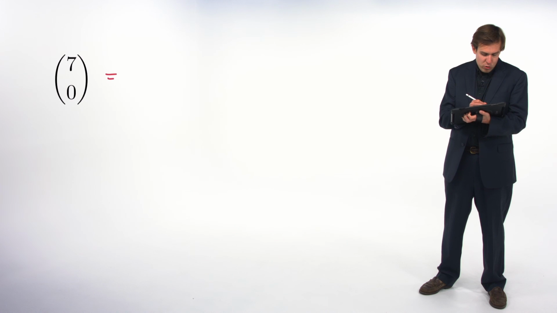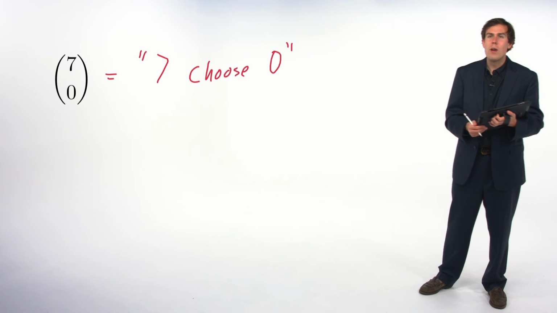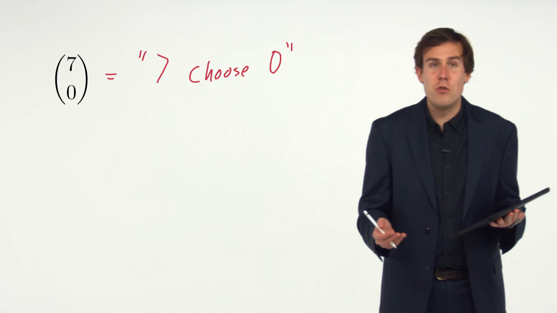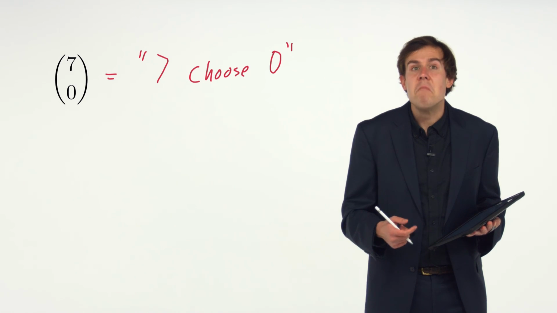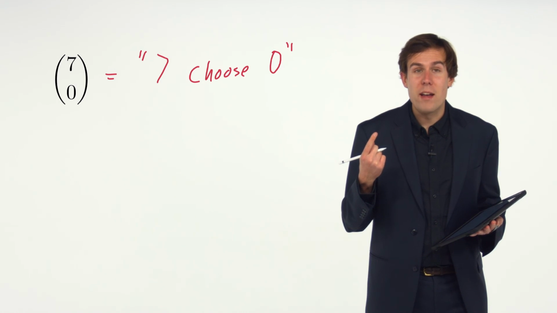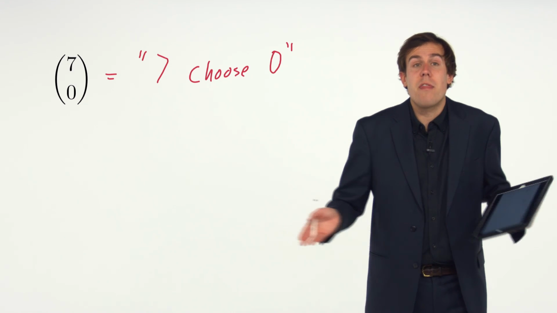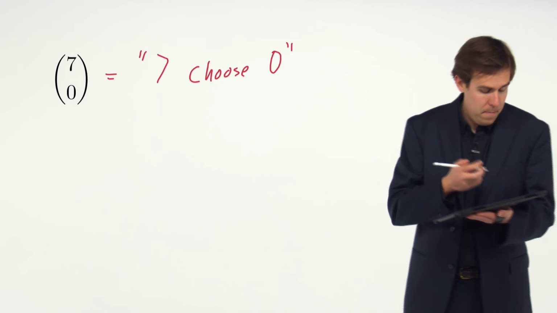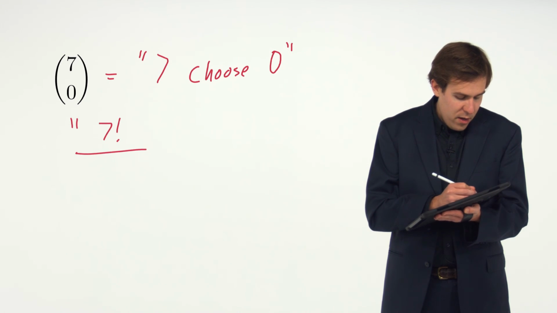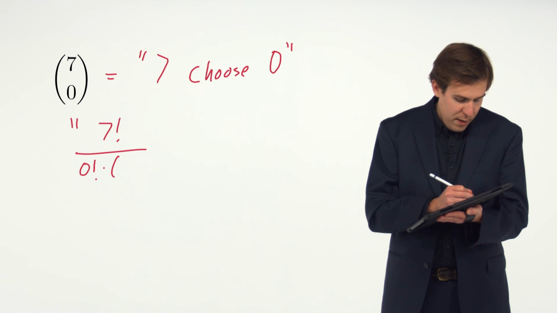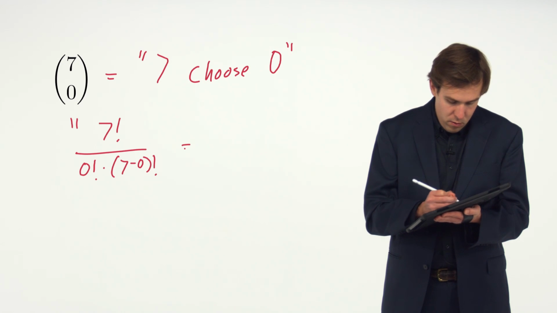This is 7 choose 0. So one would ask, how many ways are there to choose 0 things from 7 elements? Well, only 1. The way I choose this is by choosing nothing. That's one possibility. Does it fit the definition? Well, I have 7 factorial divided by 0 factorial times (7 minus 0) factorial.